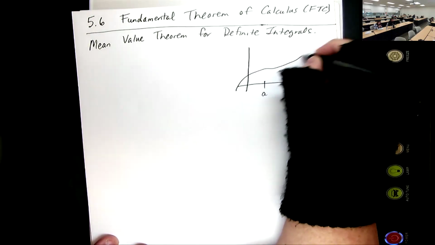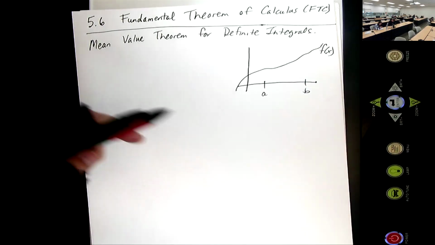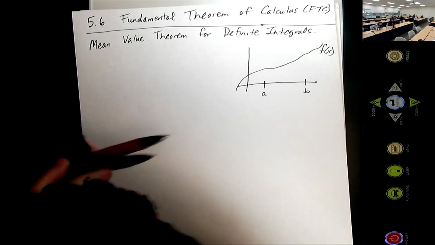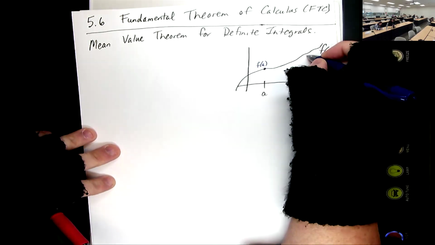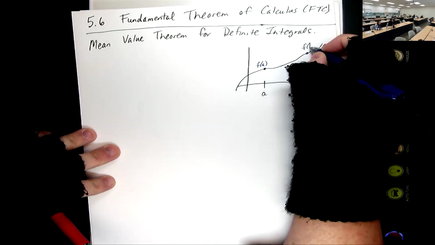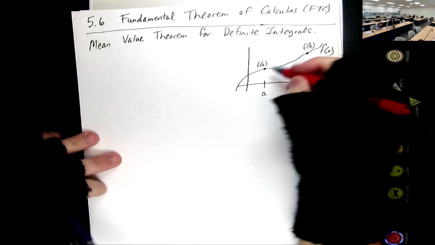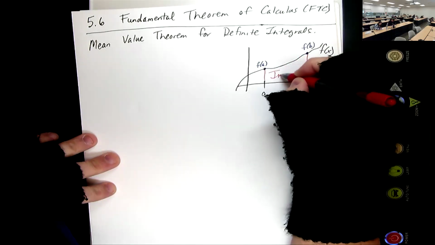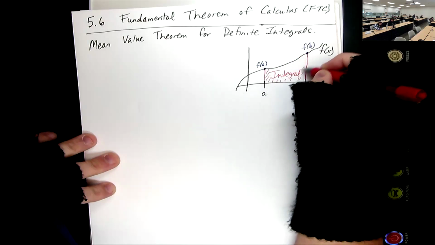Let's say f of x is doing something like this. So this point right here would be f of a. This point up here would be f of b. Now the integral gives us this area right here.